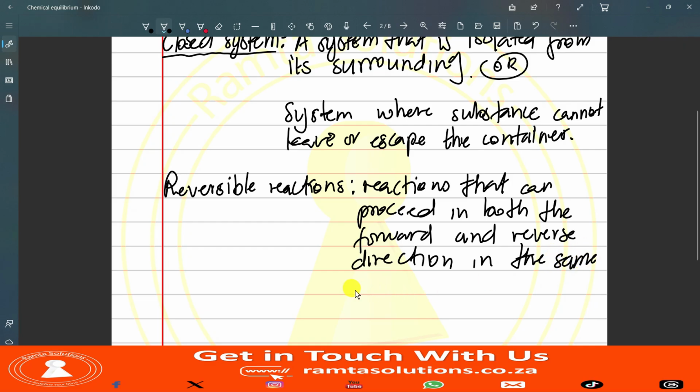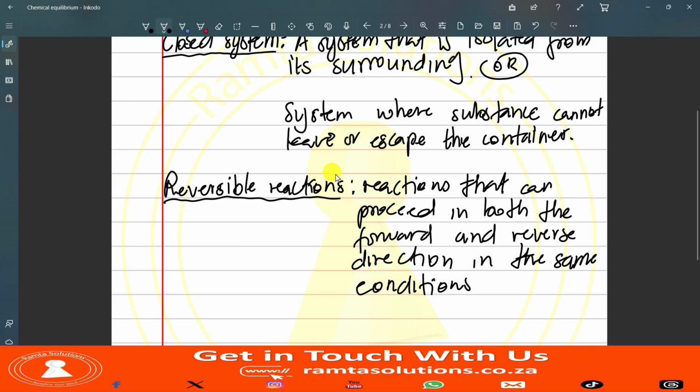This is the definition of the DBE. So yes, reversible reactions are reactions that can proceed in both the forward and reverse direction. You can also leave it there.